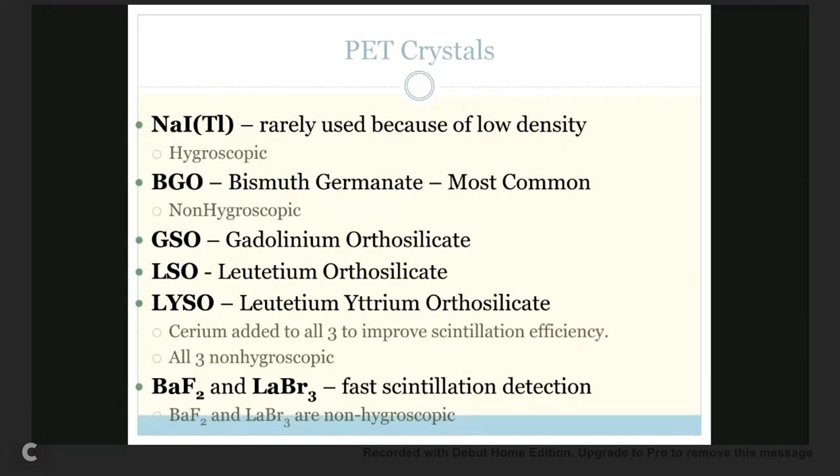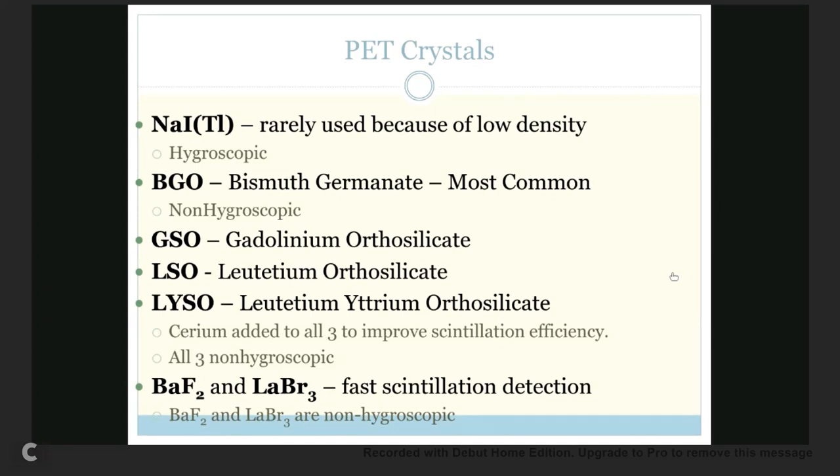Then you have your barium fluoride and, oh my gosh, what's LA? Labrium? Well, it can't be labrium, that's a drug. It's something LA bromide, and those are fast scintillation detectors. And those are lanthanum, yeah, okay.